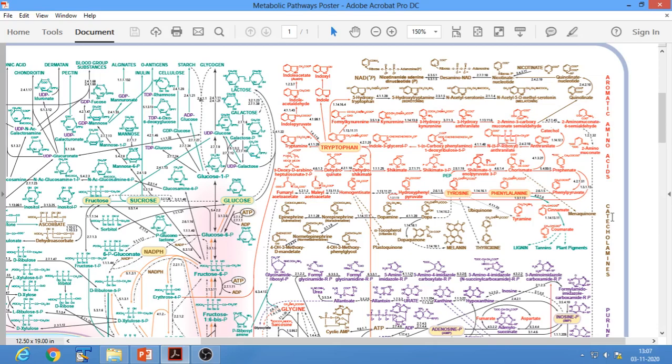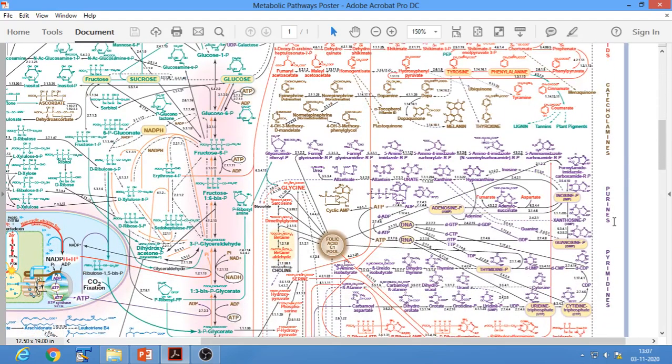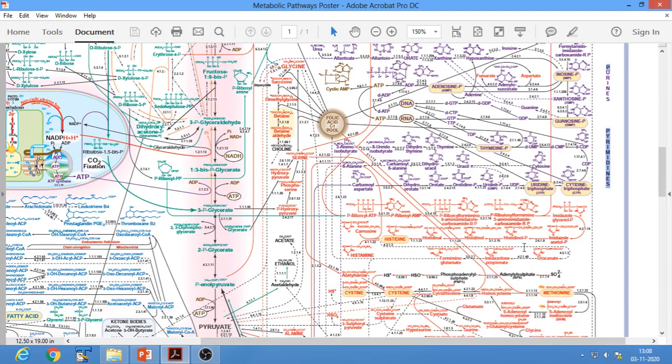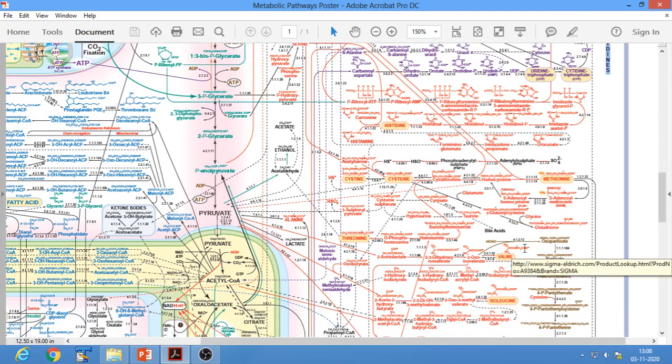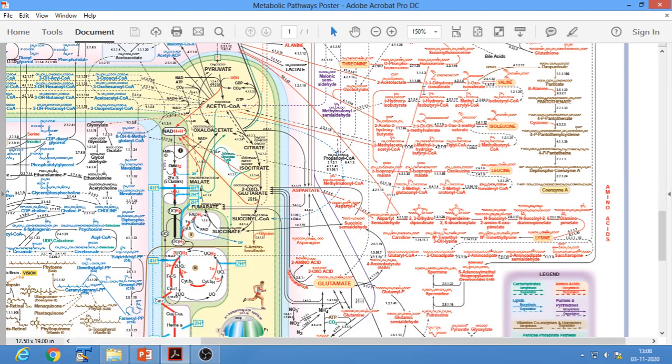Catecholamine metabolism is again shown in brown color. Purine and pyrimidine nucleotide metabolism over here is shown in, what is this color, a blue shade. And the other remaining amino acid metabolism is shown in red color over here.